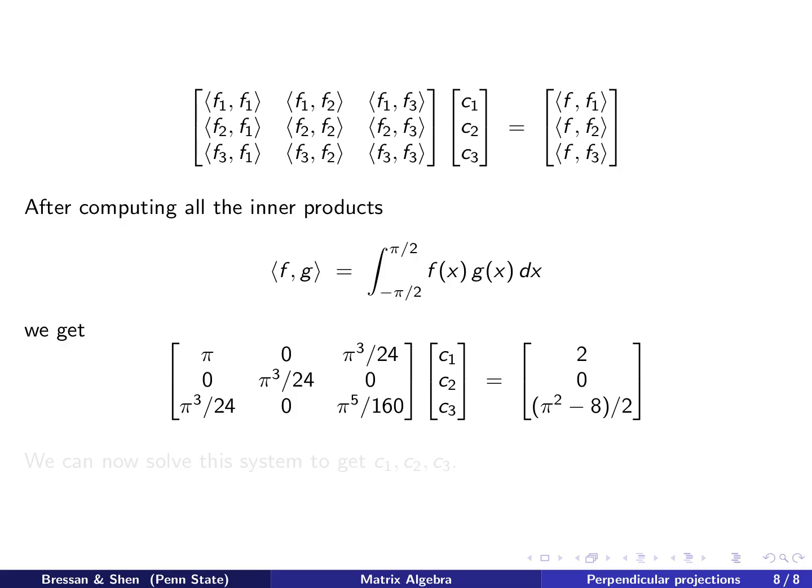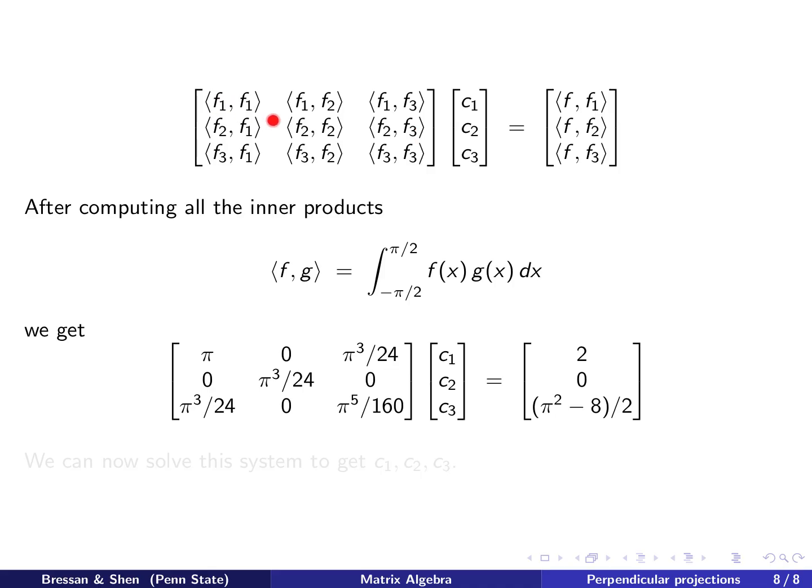Okay, and then there are a bunch of inner products to work out for this matrix, all the entries. We make an observation that, again, we see a symmetric matrix, because this is the same as this, and this is the same as this, and this is the same as that.